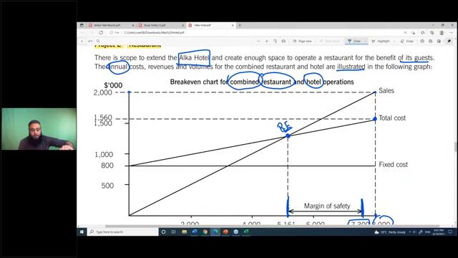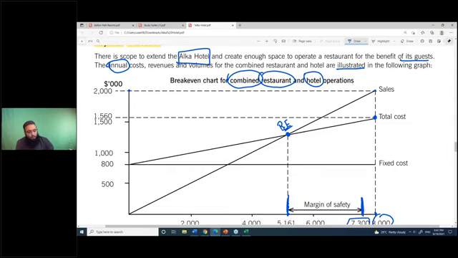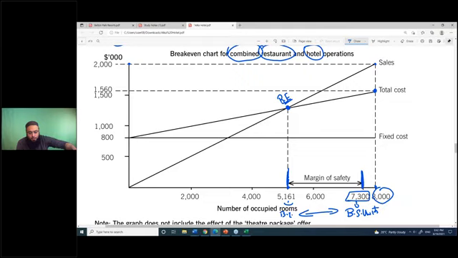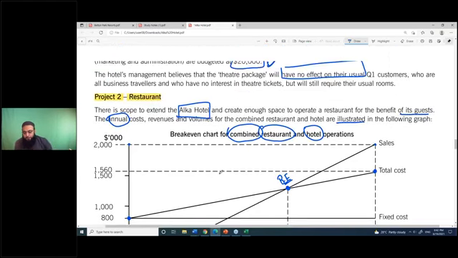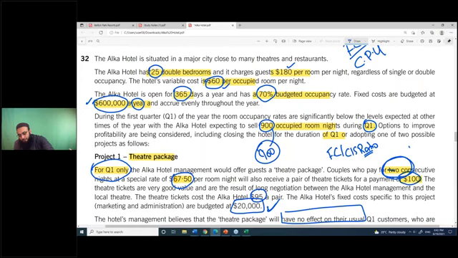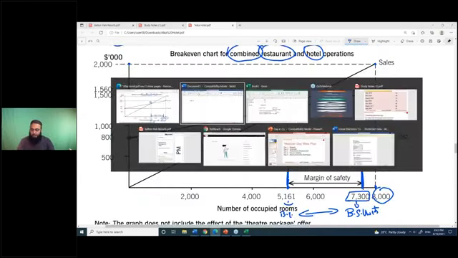First of all, a key finding I can quickly observe is that my fixed cost is 800,000, which previously was 600,000. So it's a clear sign that the fixed cost will increase by 200,000. Through the graph, it's clear it's 800 and previously it was 600.